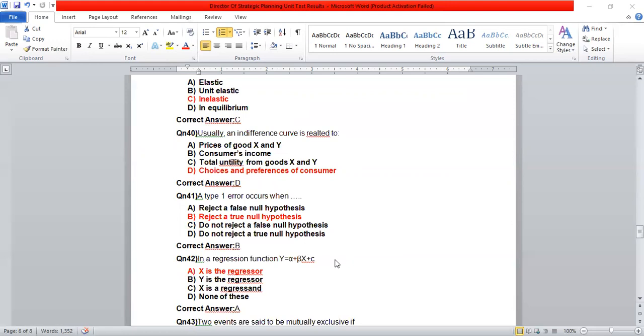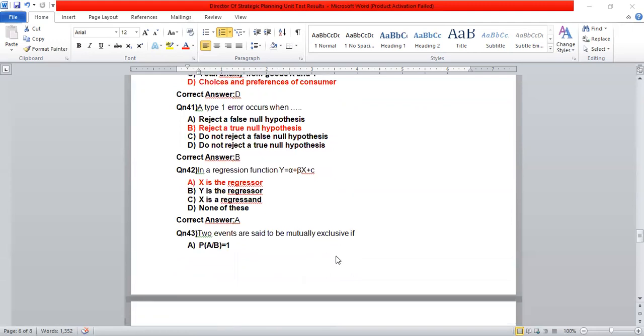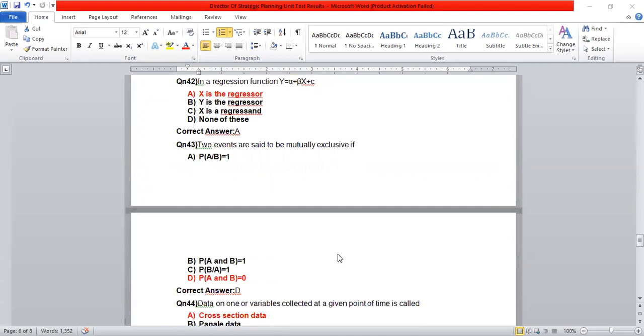A regressor is the same as an independent variable. Question 43. Two events are said to be mutually exclusive if P(A and B) equals 0. This is a probability.